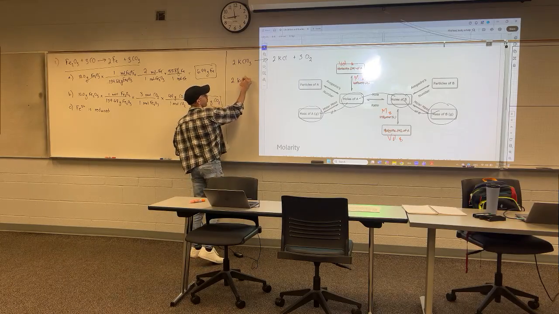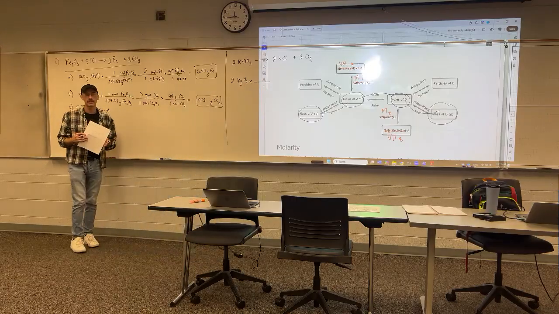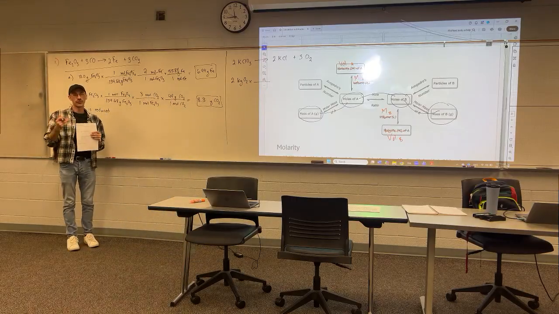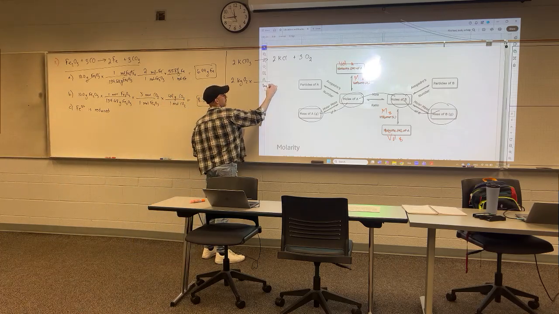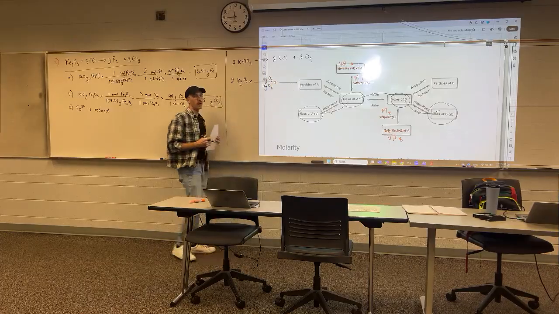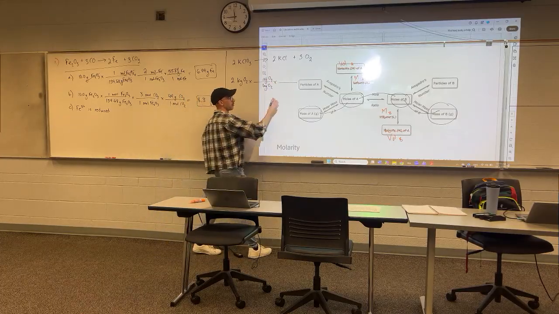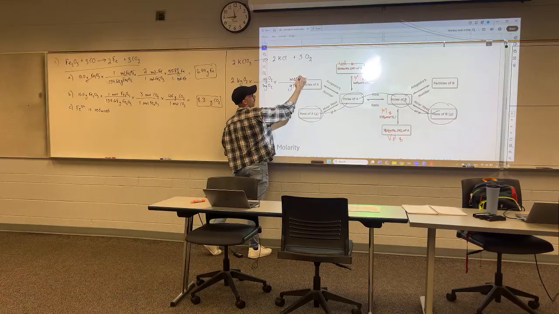2 kilograms of O2. Can I convert into molar mass directly? What was your first conversion? Kilograms of O2 to grams of O2. And then from grams of O2, moles of O2.